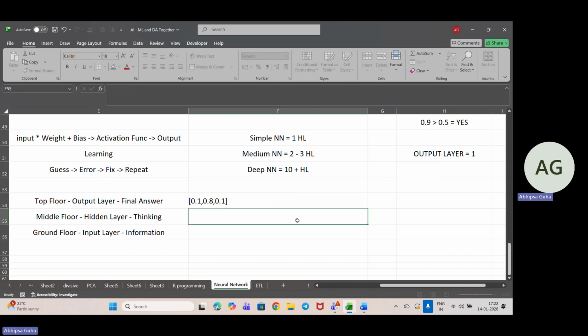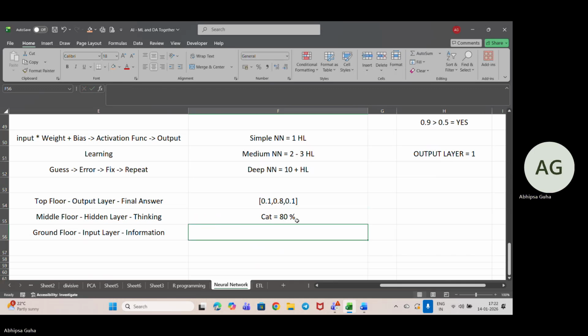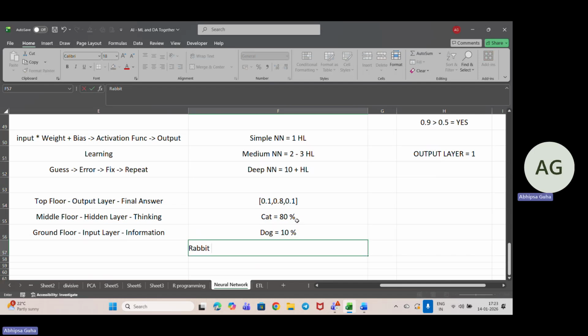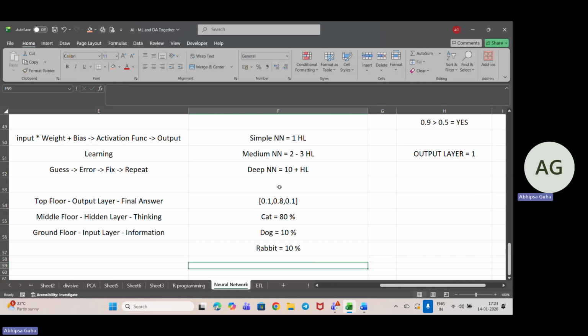If my output is coming like that, that means cat is 80%. Next I have dog, that is coming as 10%. Next suppose rabbit, that is also coming as 10%. Okay, so in that case, if my output is like this, it is totally based on probability. Okay, so this is how it actually works. Now, how the networks learn.